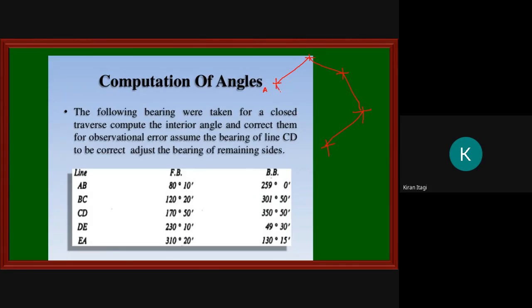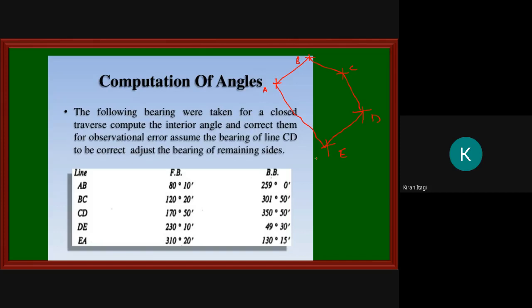It's 310. You can copy this: A, B, C, D, E. Remember, A is lying in the first quadrant, B in the second quadrant, C in the second quadrant, D in the third quadrant, and E in the fourth quadrant.